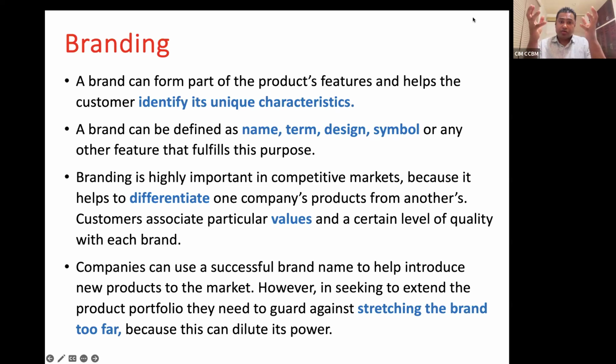A brand is used to differentiate yourself, and you will use some unique characteristics. A brand will have some values, we call them brand values, what the brand stands for. And it's important that companies don't stretch the brand too far. For example, Virgin is a brand that has stretched into 200 companies.